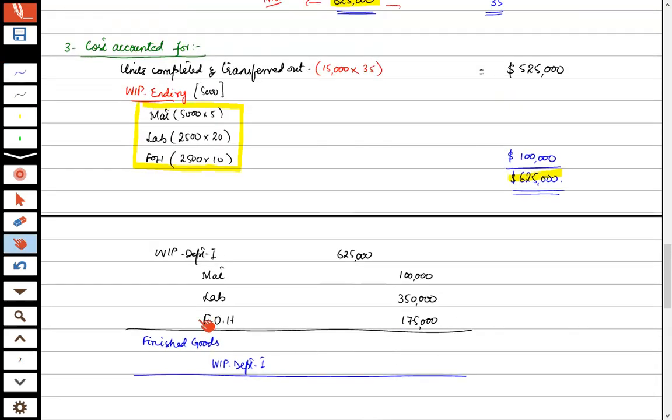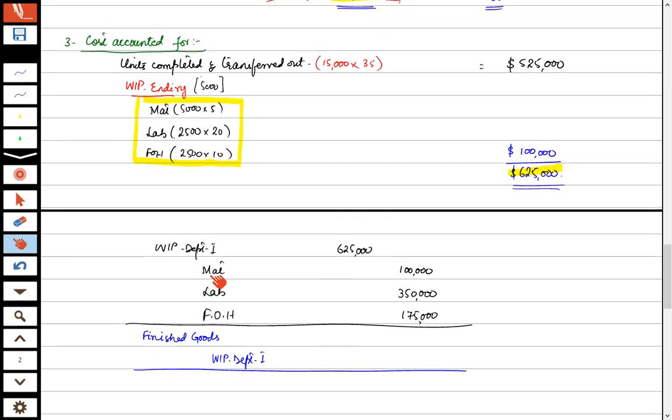But what would be the amount? Can you tell me? 15,000 units. Why? The total cost of finished goods is 525,000.